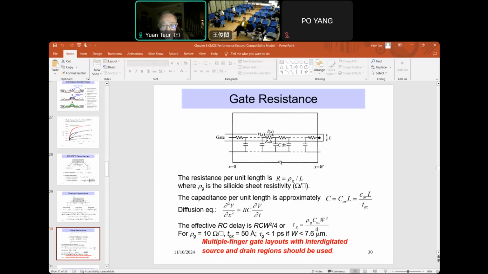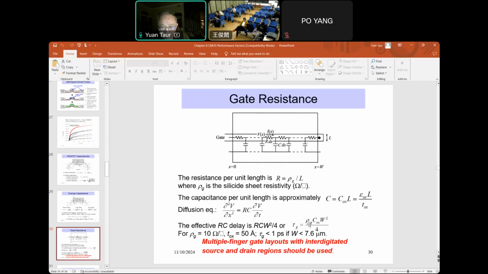So this can be modeled by a distributed RC, like a transmission line kind of thing, and that's given by this wave propagation equation, and the RC delay is estimated to be equal to this.